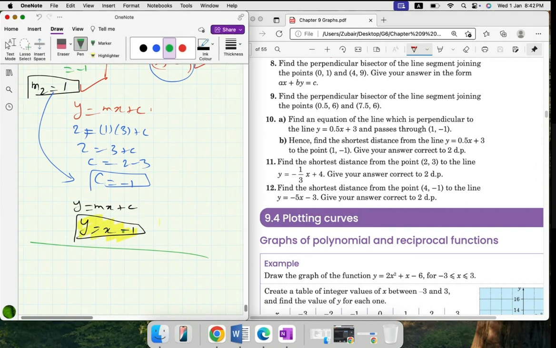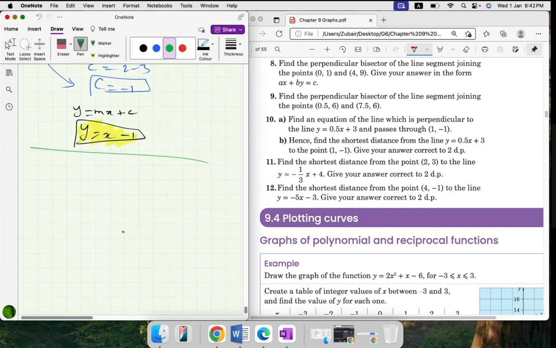Haris, Ali, any update? Yes, I understand. x plus 2y is equal to 12. x plus 2y is equal to 12. Haris will confirm.